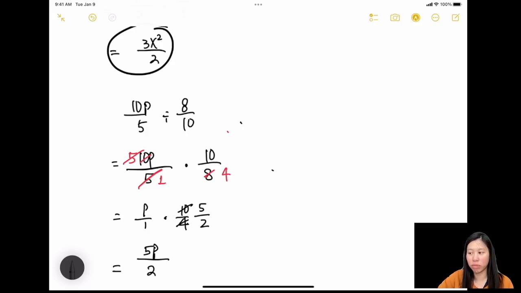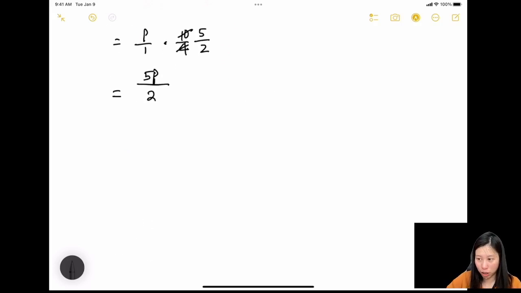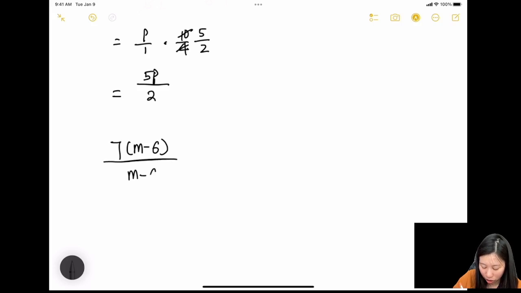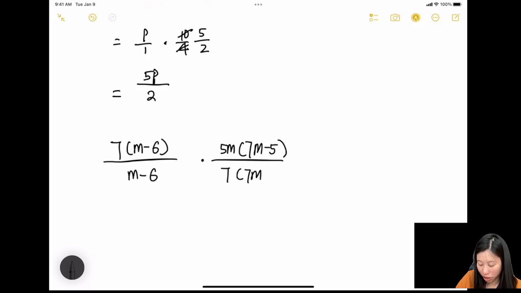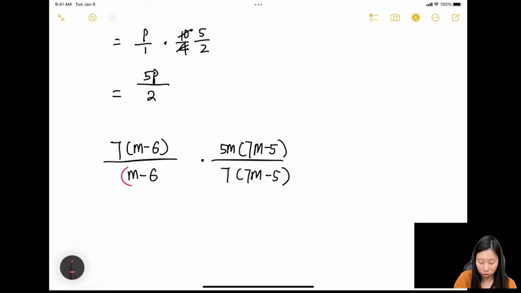That's really important. So now a little bit more complicated one. What if it's a function? So I have 7m minus 6 over m minus 6 times 5m, 7m minus 5 over 7 and 7m minus 5. You can simplify it by itself first. First of all, you can view it as m minus 6 times 1.